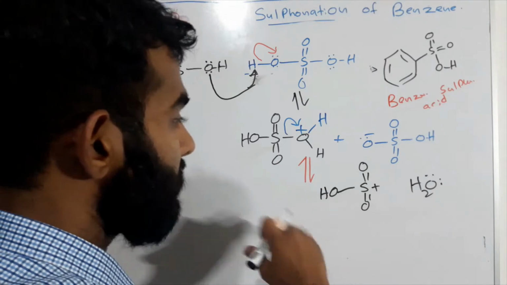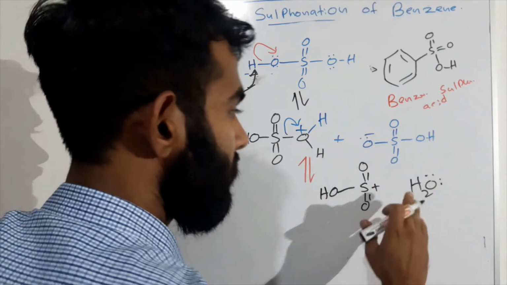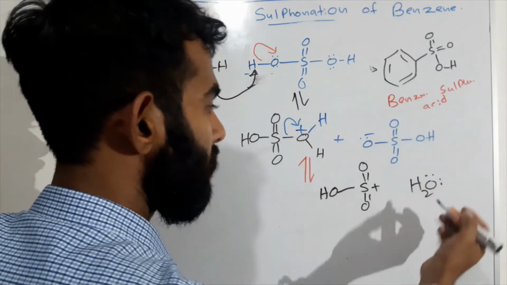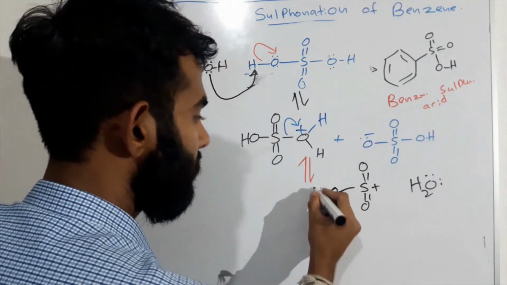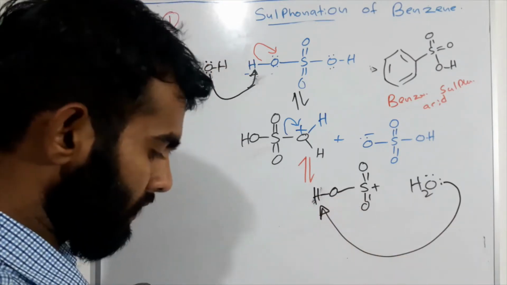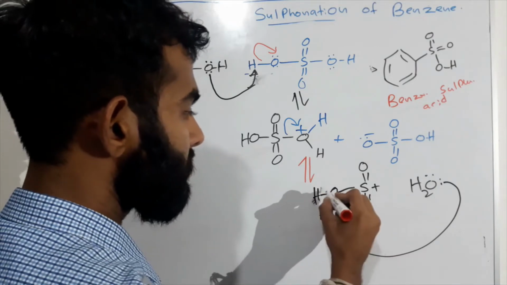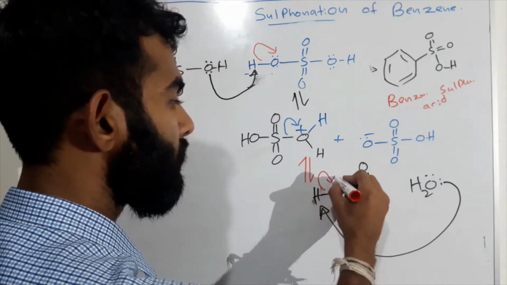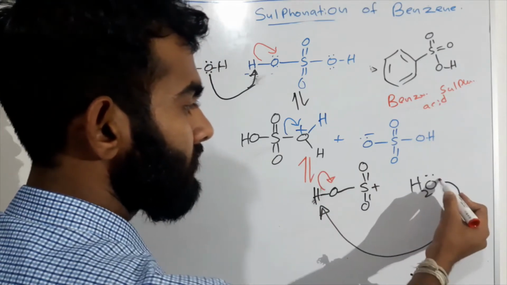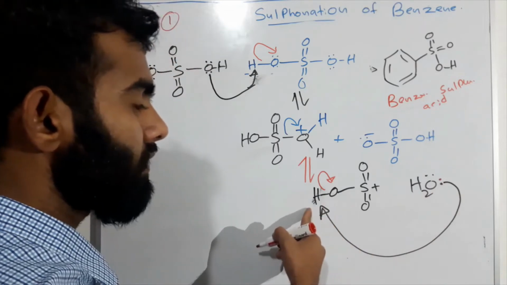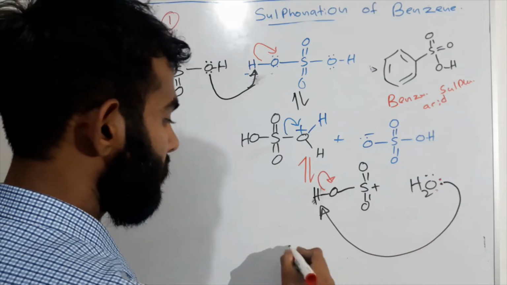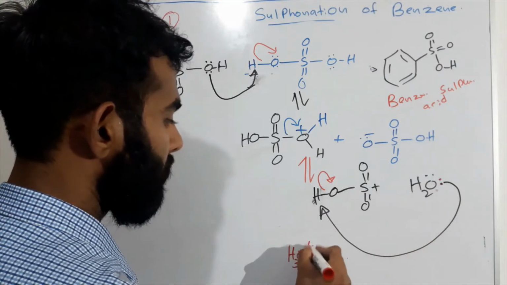To get rid of that positive charge, the formed water molecule will help. How will it help? Here, this lone pair will attack that hydrogen. Because of that attack, this oxygen-hydrogen bond will break towards oxygen. This oxygen donated its lone pair to hydrogen, meaning oxygen gets a positive charge, and one product will be H3O plus.